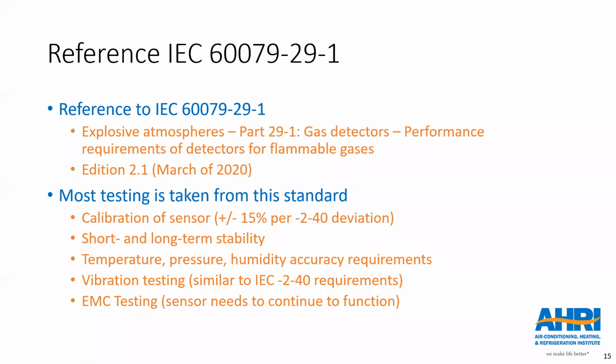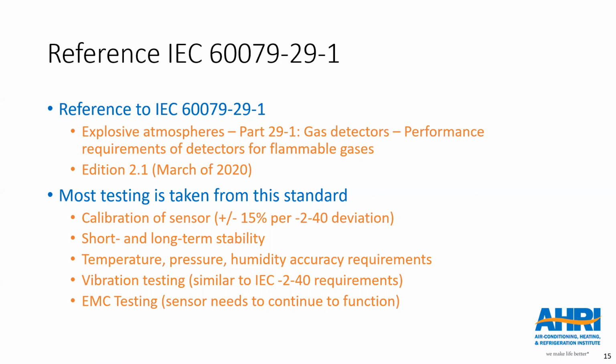And we'll get into possibly some future work associated with that. But one thing to note, there are two current test methods allowed in the 79-29-1 standard. One allows a slightly larger variation over the exposure time.